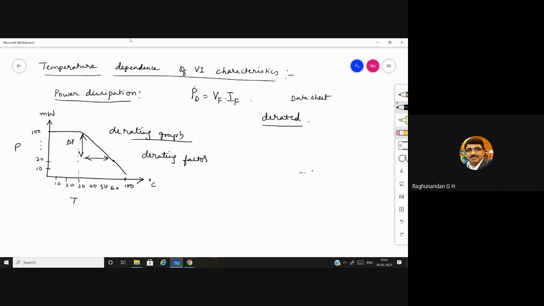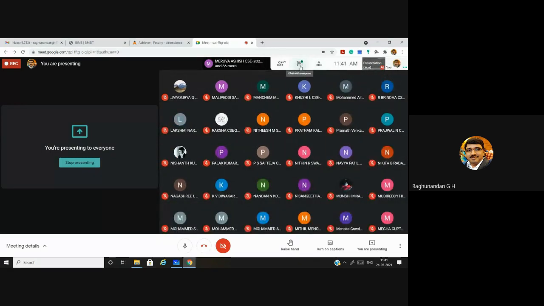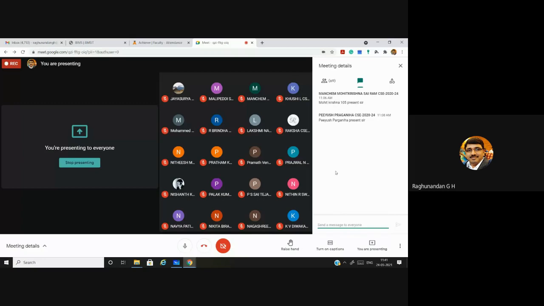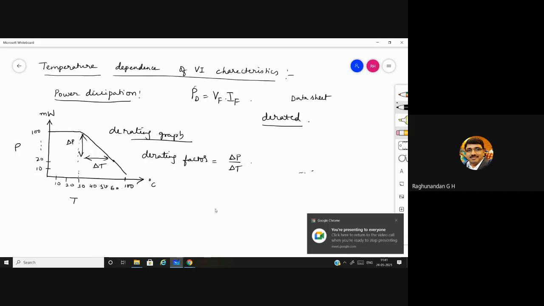So, delta P and delta T. The derating factor is given by delta P by delta T. The ratio of change in power to the change in temperature will give you the derating factor, and it has to be taken on the slope only. So this is about the derating factor.